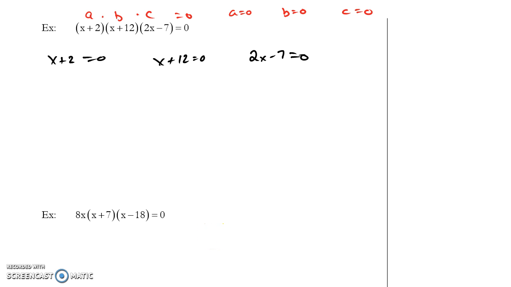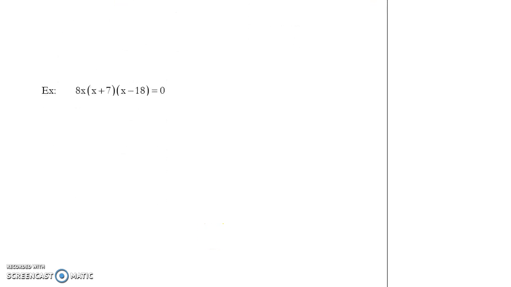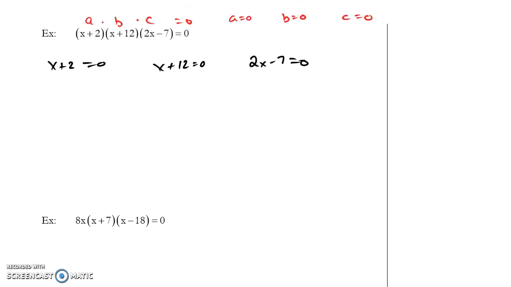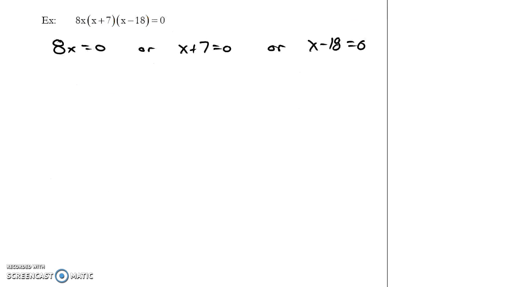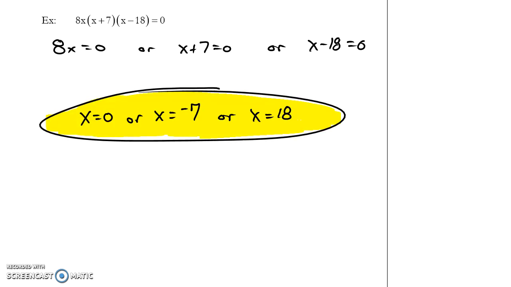Go ahead and finish solving this example and try this last example on this page. So for our top example, x is negative 2, or x is negative 12, or x is 7 over 2. The zero product property in our last example allows us to make this conclusion and get these three solutions.